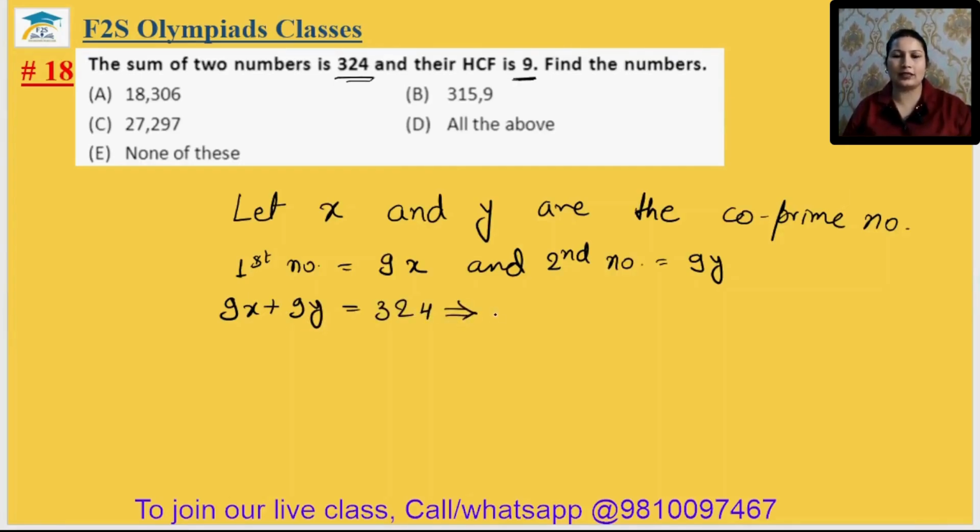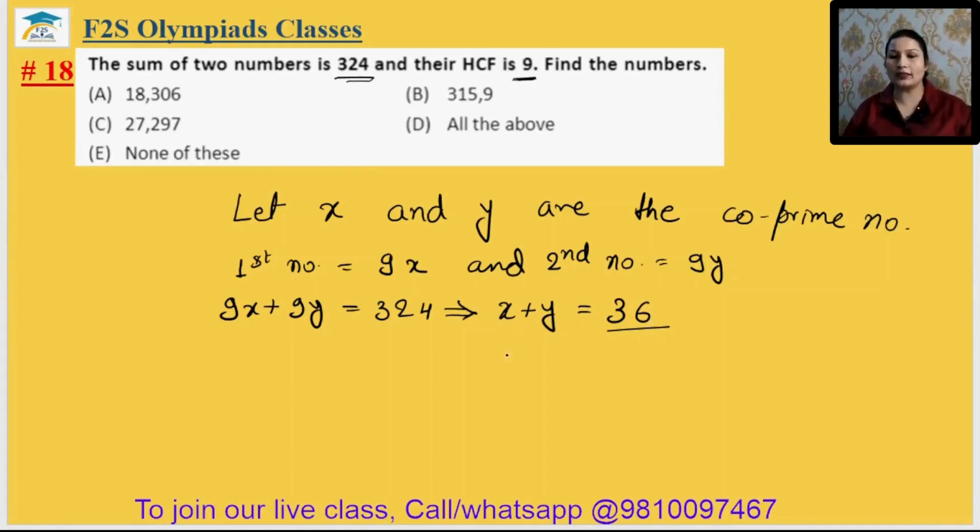If we divide by 9 on both sides, we will get x plus y equals 36. So we have to find a pair with sum 36 such that their common factor is 1 only.